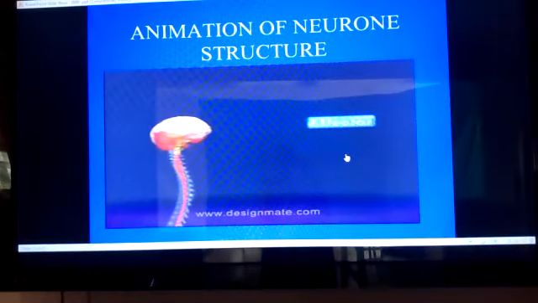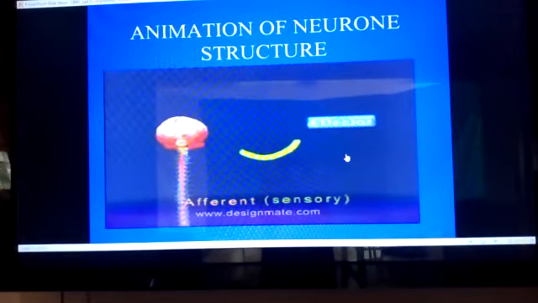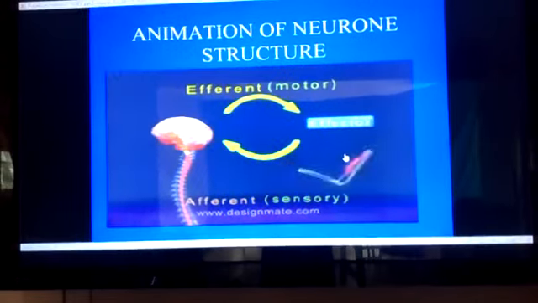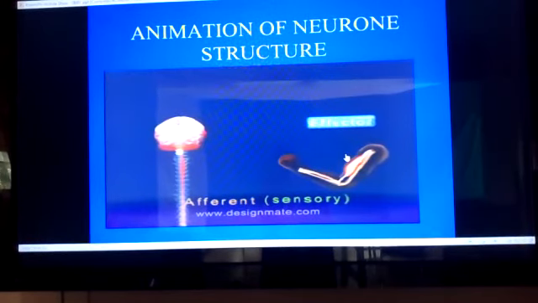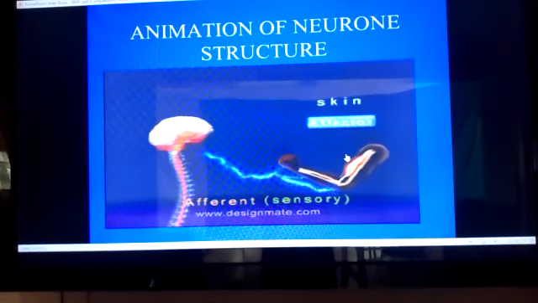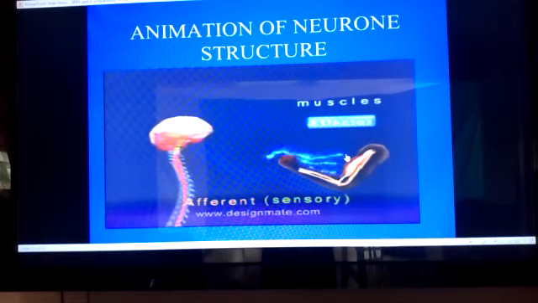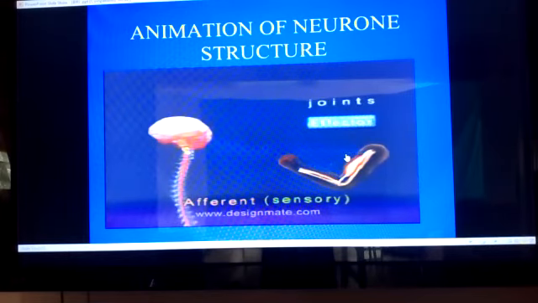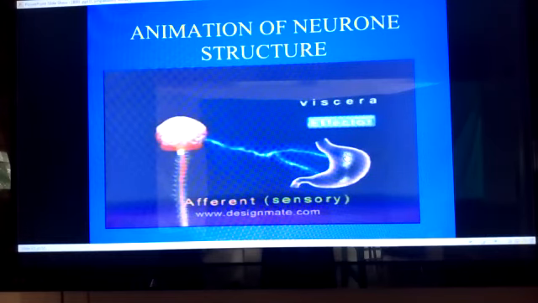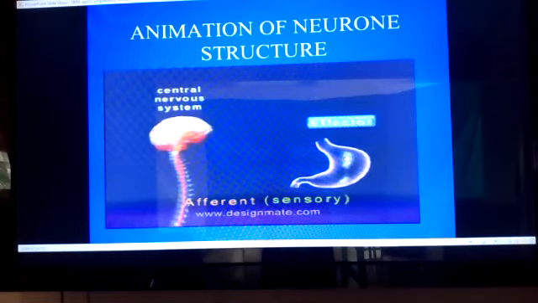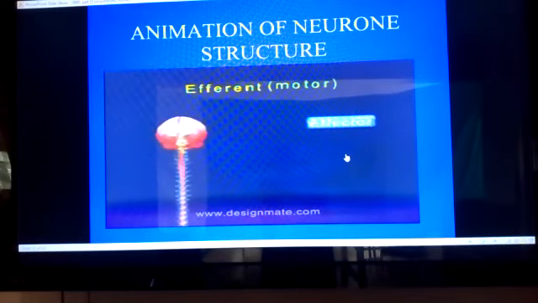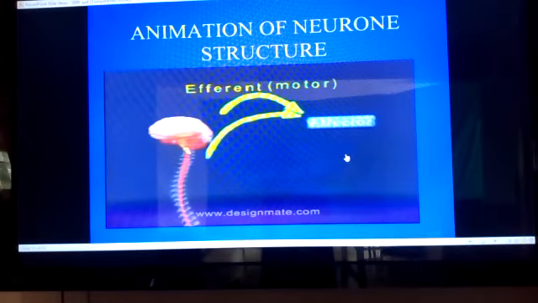Neurons may be classified according to the function as afferent, that is sensory, and efferent, that is motor. Afferent neurons conduct impulses from the skin, muscles, tendons, joints, and viscera to the central nervous system. Efferent neurons conduct impulses from the brain and the spinal cord to the effectors.